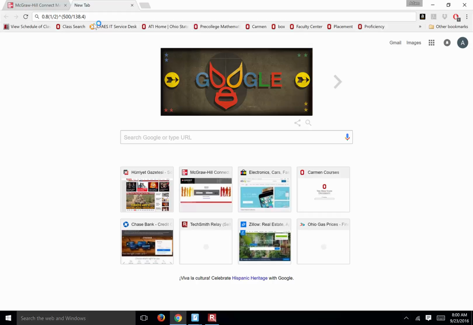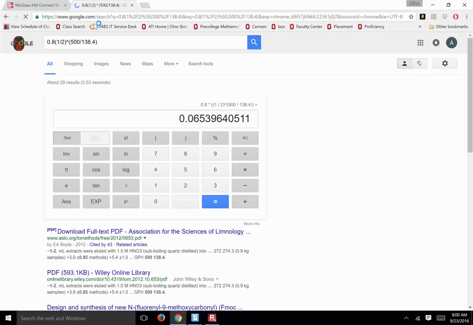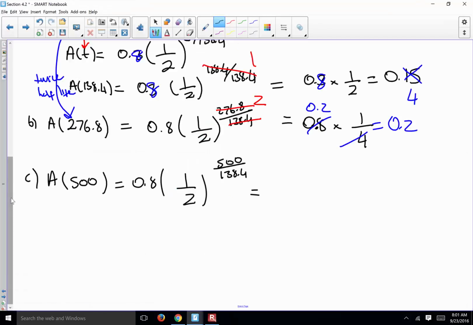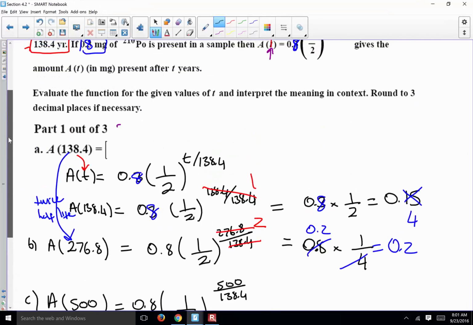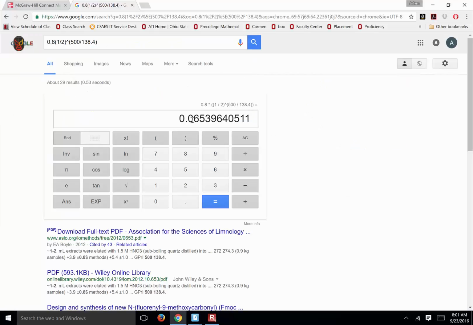Alright, I already see the answer there, but they want 3 decimals, round to 3 decimal points. So I'm going to stop here. 0.065.